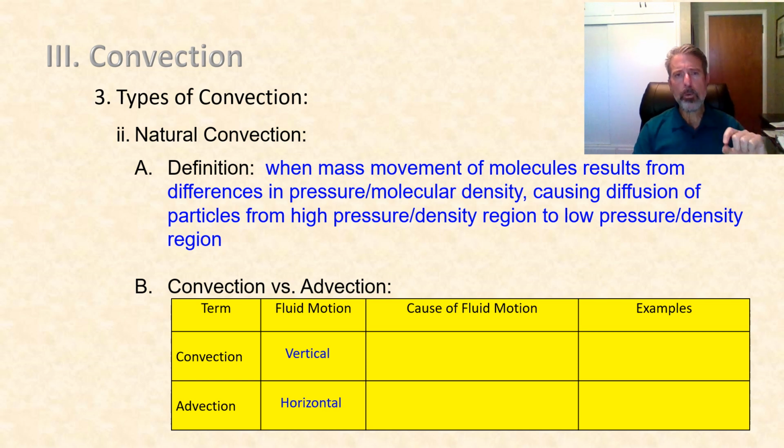So when we say what causes the fluid motion, well, ultimately it's a temperature gradient, but more directly, what would cause a fluid to move in a vertical direction? Well, let's revisit our discussion of fluids when we talked about buoyancy and Archimedes' principle.